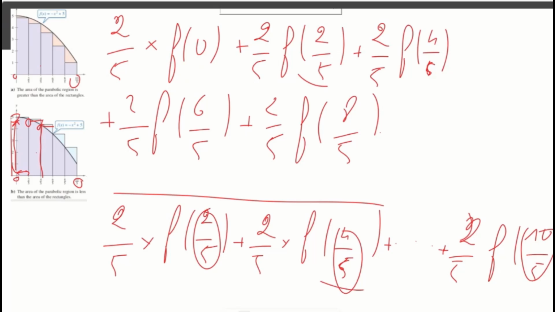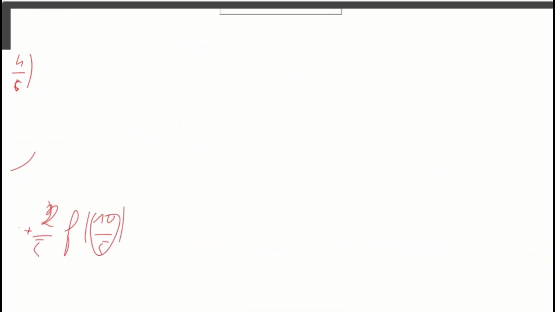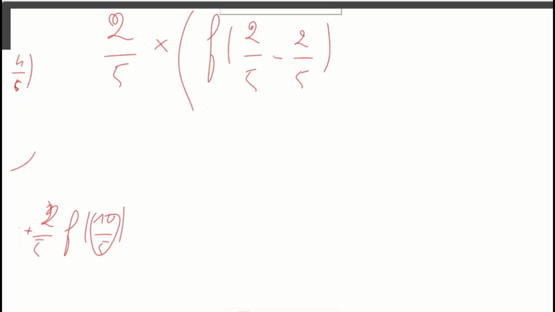So we can just rewrite this second part here as 2 over 5 times, we can factorize with 2 over 5, f of 2 over 5 minus 2 over 5 plus f of 4 over 5 minus 2 over 5, and so on.